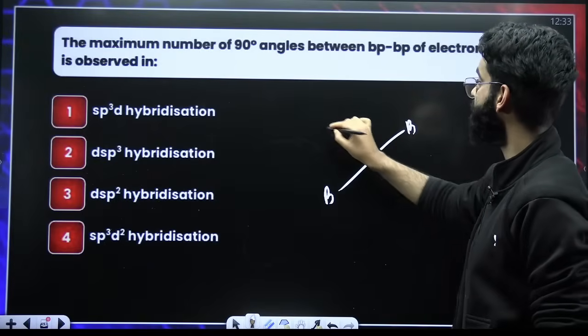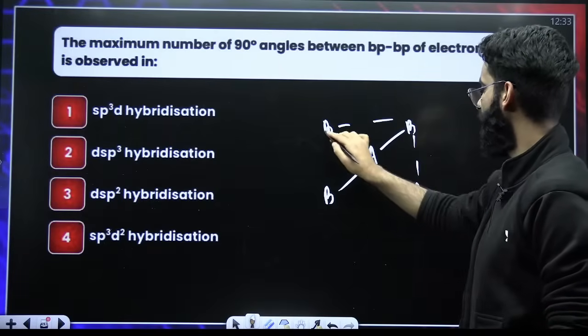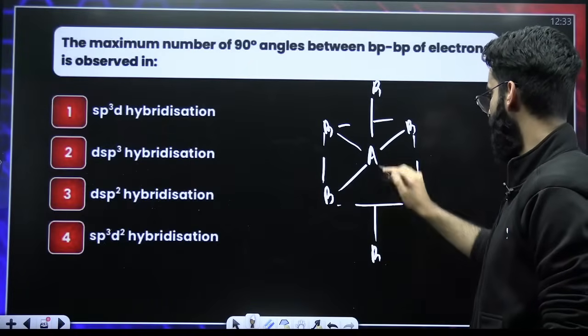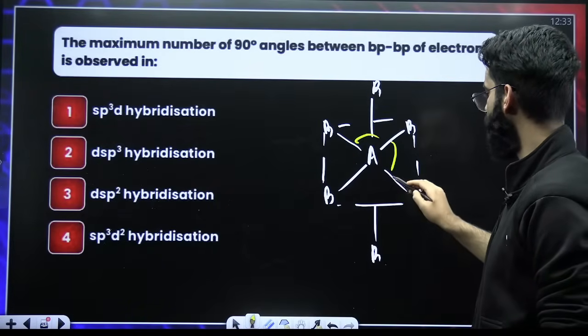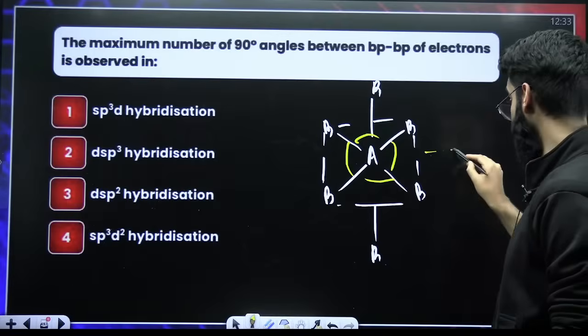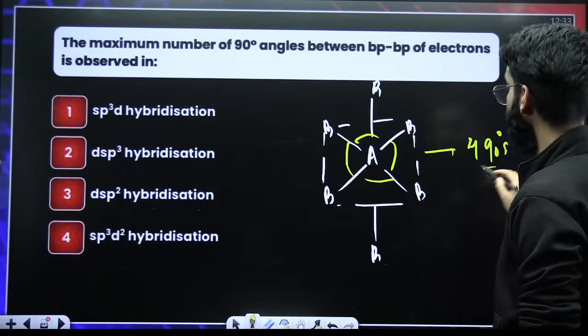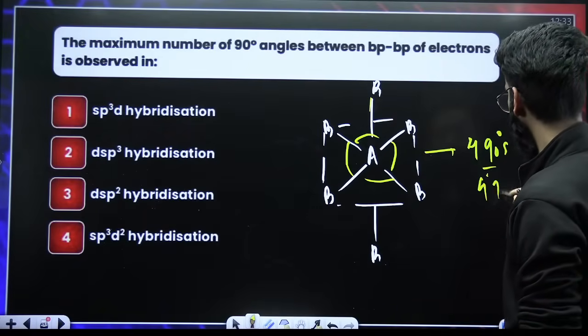This is your octahedral geometry. Perfect. This is B. In this equatorial plane, how many 90 degrees are there? This is 1, 2, 3, 4, right? So in the equatorial plane, there are 4 90 degrees. This bond is forming 4 90 degrees from top.